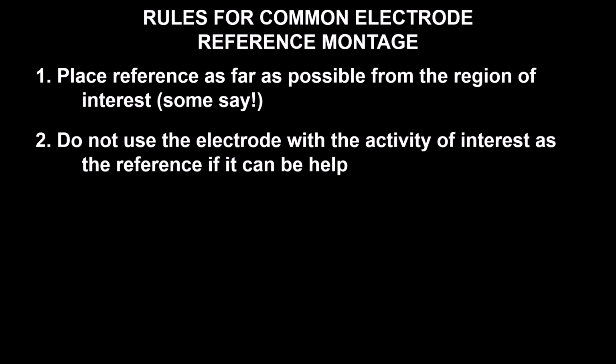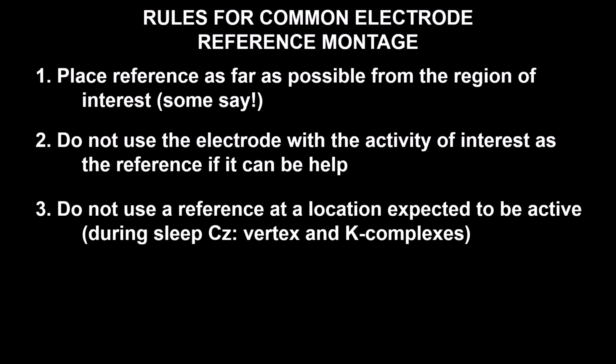2, do not use the electrode with activity of interest as the reference if it can be helped. Again, most people believe that this should be the case, although some disagree. 3, do not use a reference at the location expected to be active during sleep.